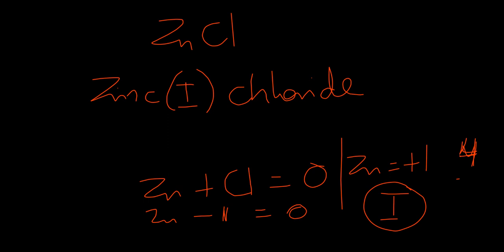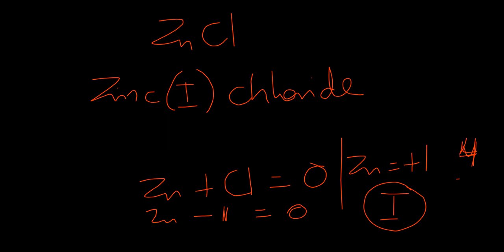So remember, in any binary compound, the steps you are supposed to follow is to first name the first part of the compound, followed by the parenthesis, if the first part of the compound has a variable oxidation state. If the first part does not have a variable oxidation state, you do not need the parenthesis.